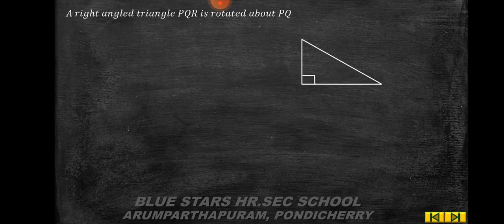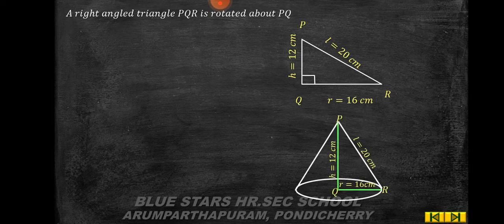A right angled triangle PQR is rotated about PQ. So this right angled triangle is rotated about PQ. So r is equal to 16, h is equal to 12 centimeter and the slant height L is equal to 20 centimeter. You will get a right circular cone of radius r is equal to 16 centimeter, height is equal to 12 centimeter and L is equal to 20 centimeter.